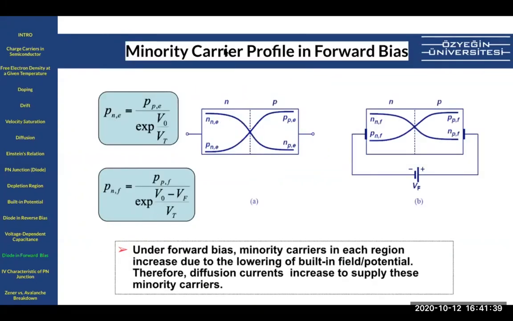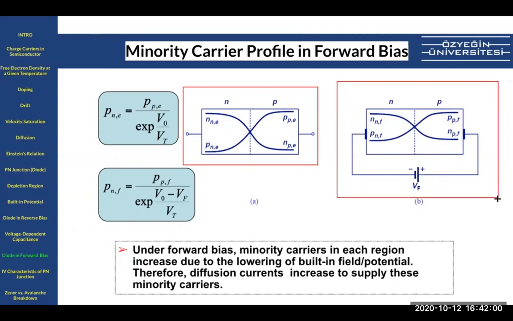If we compare it with a PN diode in equilibrium, as you remember, it was like this. There were majority carriers, there were minority carriers. Now comparing it with the forward bias, this is the steady state, which means we already applied the voltage.